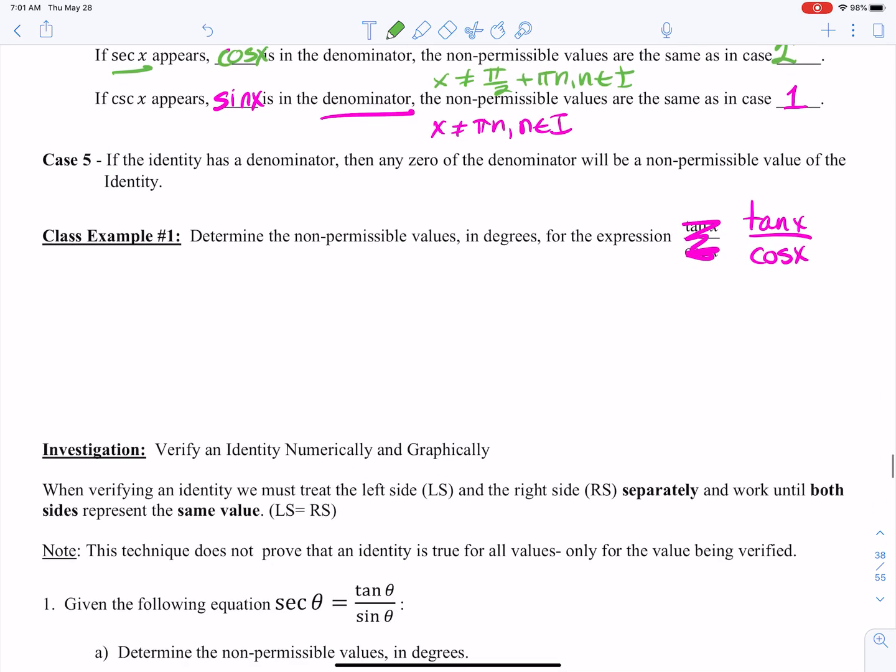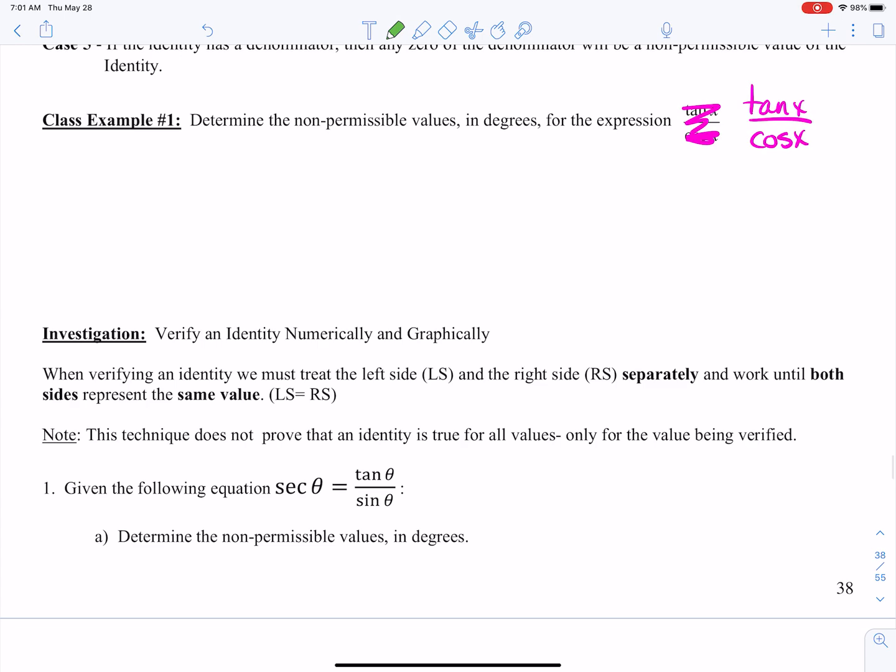All right. Class example 1. I changed this one a little bit to make it a little bit easier. Determine the non-permissible values in degrees for the expression. So first thing I have to check for is what's in the denominator and deal with that. So I see cos x in the denominator, so I know that cos x cannot equal 0.